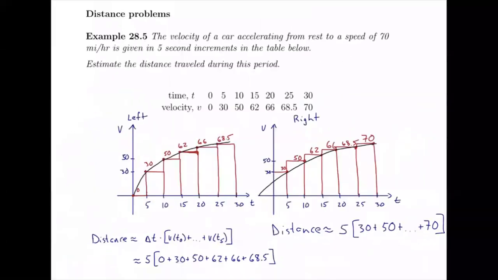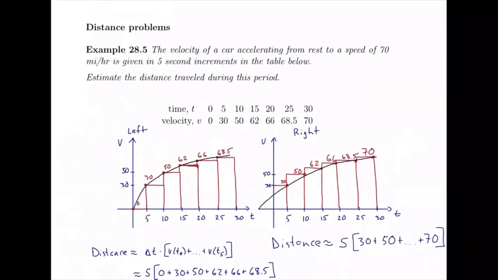This isn't the only type of application for these, but it's one of the most intuitive and general ones. So what is this the velocity of? It's the velocity of a car accelerating from rest to a speed of 70 miles per hour in 5-second increments, given by this table right here. They ask us to estimate the distance traveled during this period. This is a common form of these problems as well.